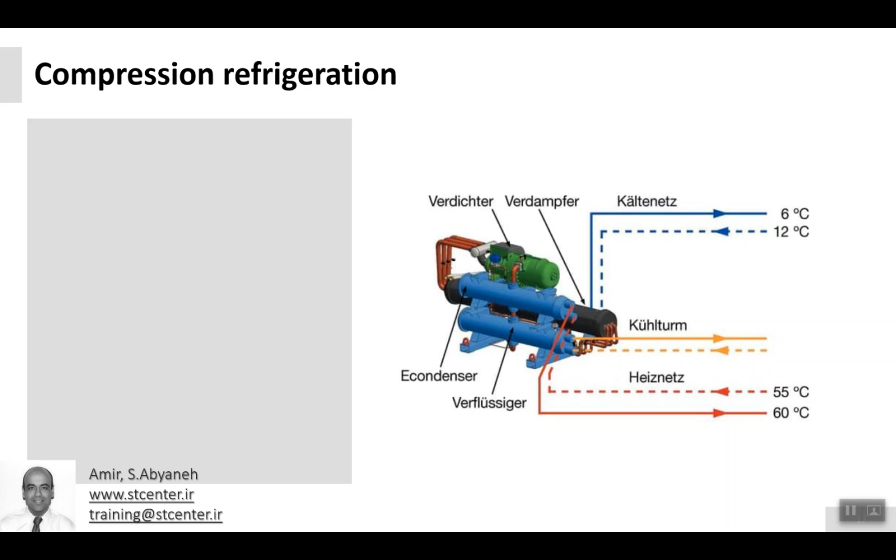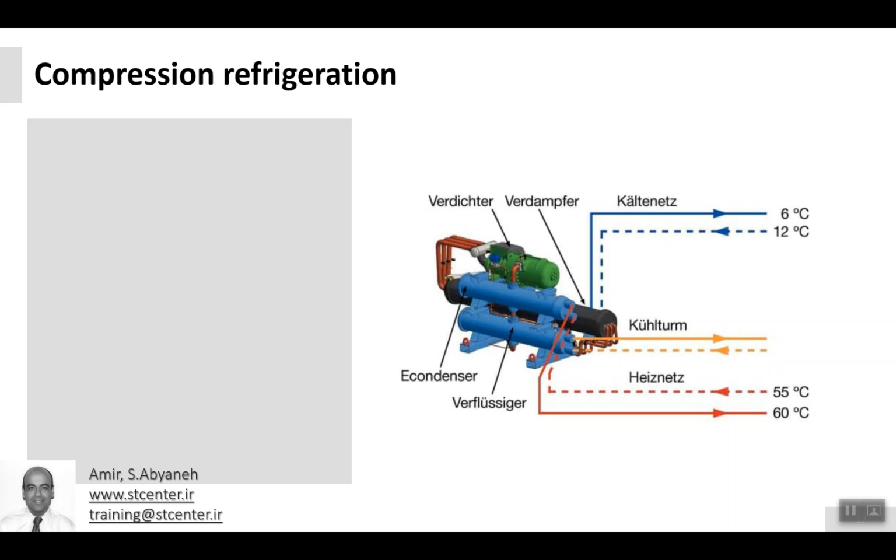You can see in the picture that in the evaporator, the water coming from the building is 12 centigrade, for example, and the water going into the building is 6 centigrade.